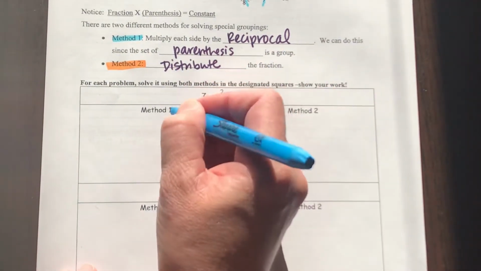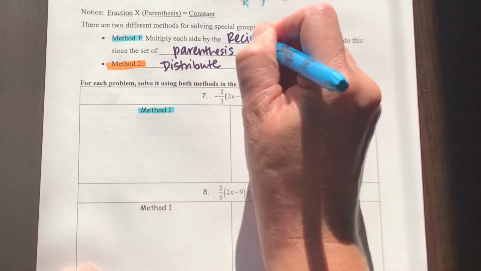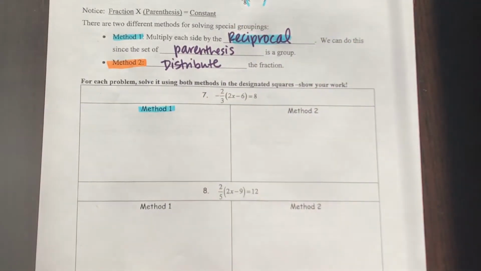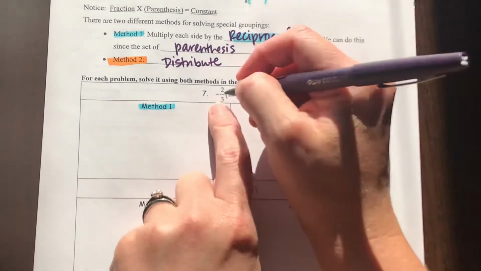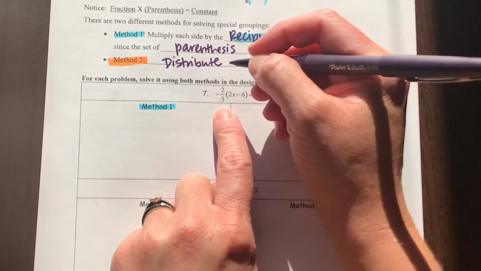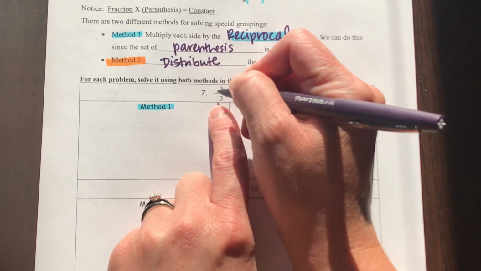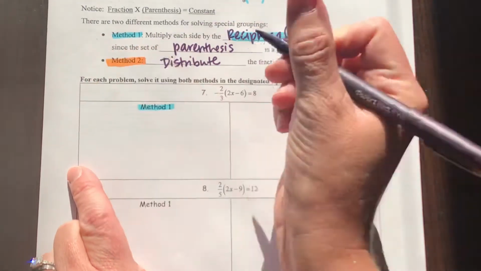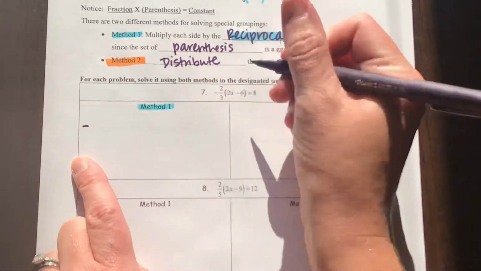So here's method one, and we will multiply by the reciprocal. In this fraction, my reciprocal would be my fraction upside down, and it will have the same sign. So the reciprocal of this fraction would be negative 3/2, because it's negative.